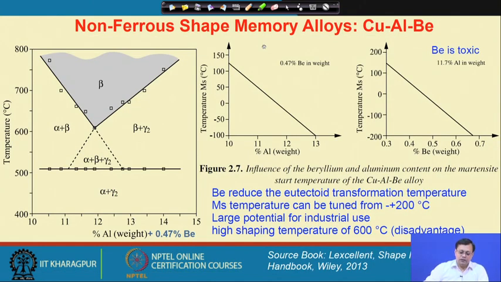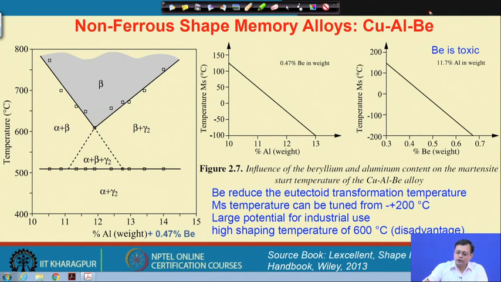Now, the third alloy system that is very interesting to us is the copper aluminum and beryllium alloy. One should keep in mind that beryllium is very toxic. So, the system itself could be used for industrial purposes, but it cannot be used for any kind of replacement of bone or any kind of bio implant material.